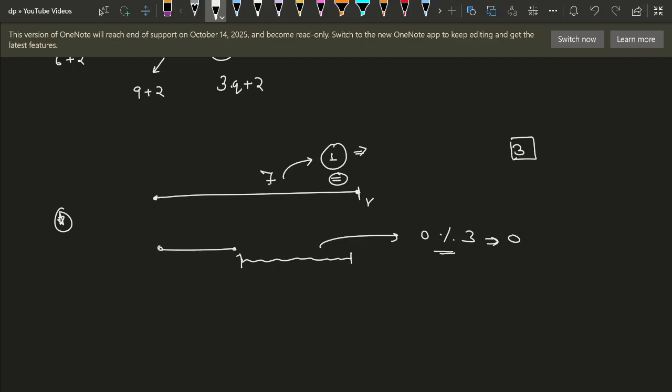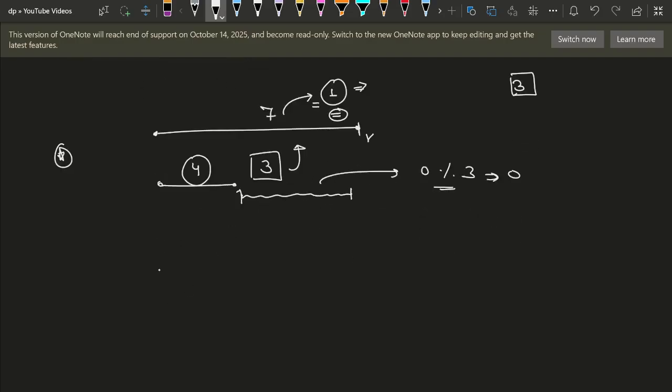So if there already exists a subarray which has a remainder of 1, for example, a subarray sum of 4, and if we add 3 to it, then we would reach a subarray sum of 7.